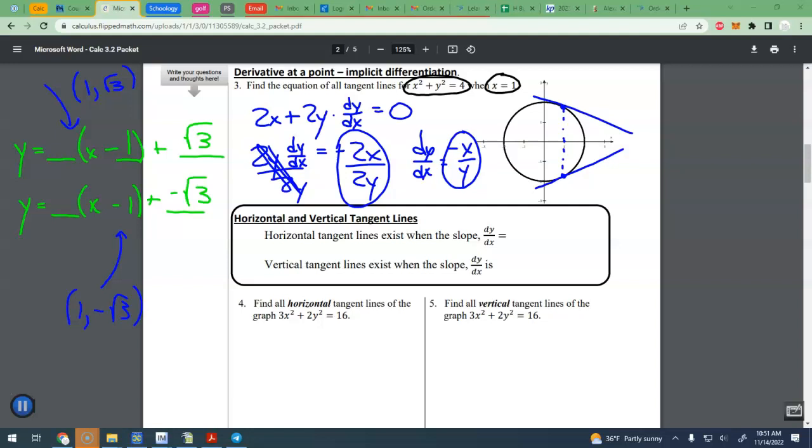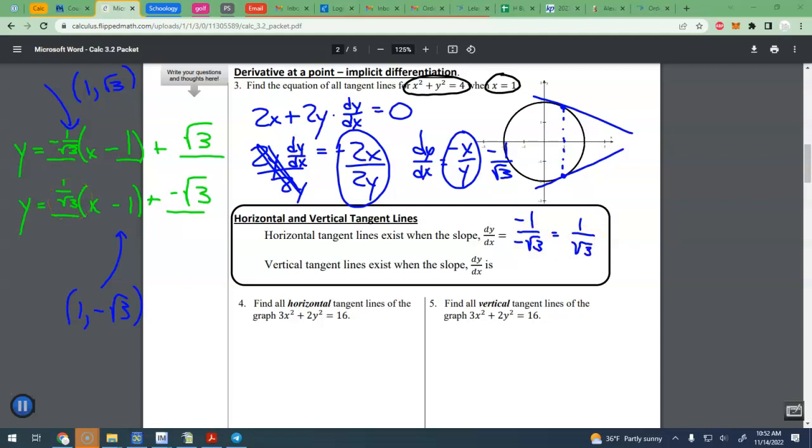If I plug 1 comma square root of 3 into negative x over y, I get negative 1 over the square root of 3. So that goes there. And if I plug in 1 comma negative square root of 3, I get negative 1 over negative square root of 3. So just 1 over root 3.